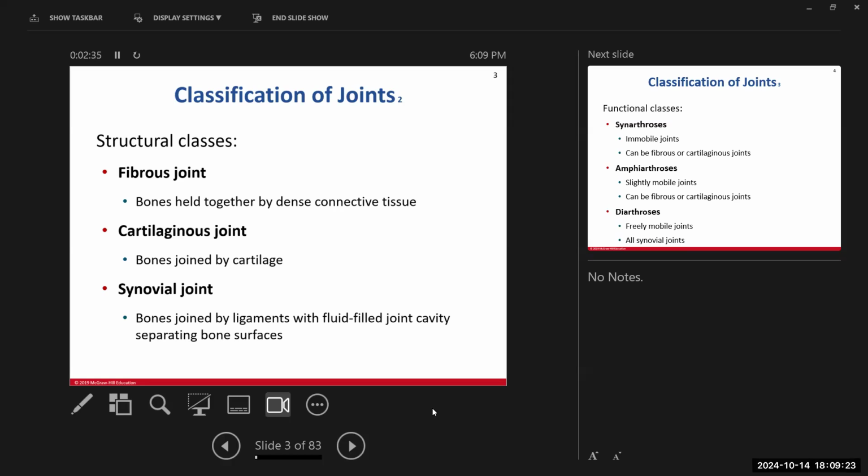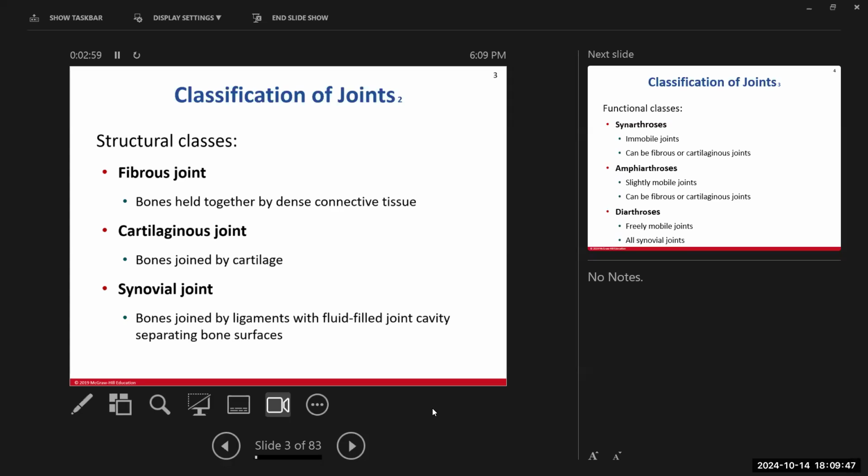Cartilaginous joint is easy because the word itself describes the joint: cartilage. You have bones joined together by cartilage, which is basically what I just described in regard to the intervertebral disc joint. We've seen that in the spine. And then finally, we have the synovial joint. These make up a significant number of joints in your body.